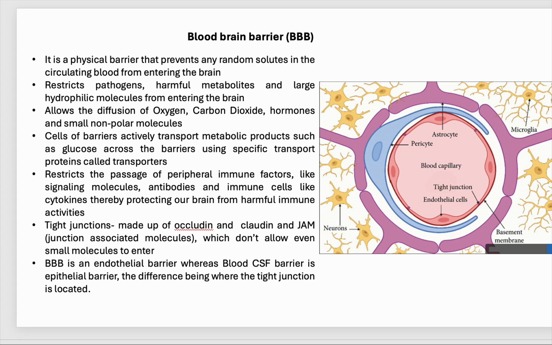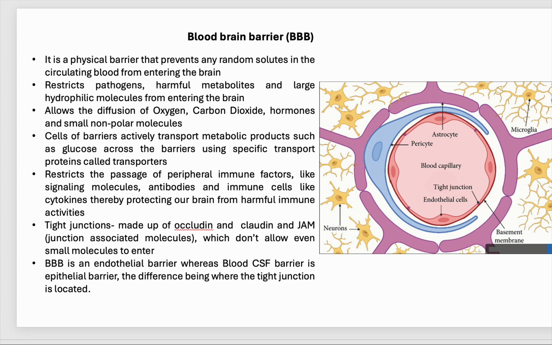Basically, anything that travels throughout the body goes via the circulatory system, and we have the same in our brain as well. But the brain is very sensitive. We don't want everything to go to our brain, right? Because it has a very complicated way of working. So the body has its own mechanism of protecting our brain.